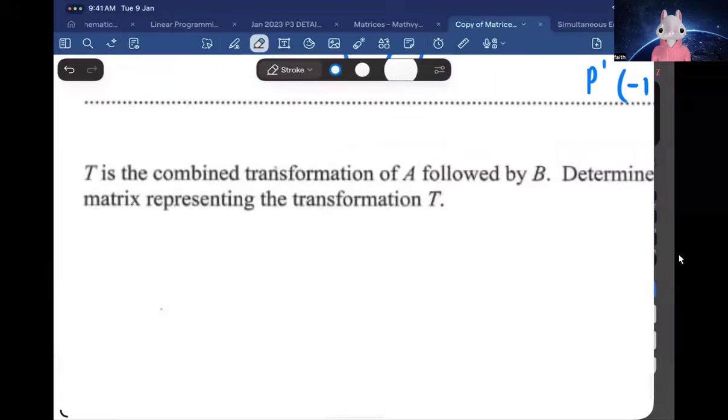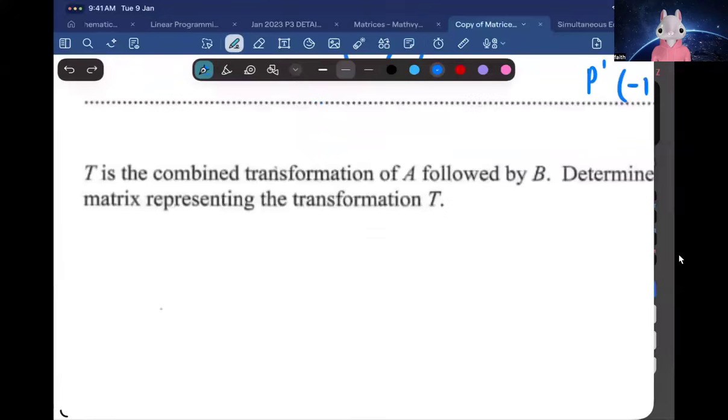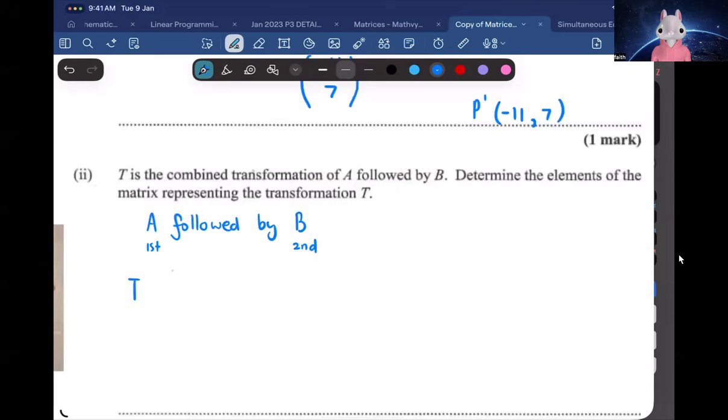So over here, A followed by B, the first transformation is A, and the second one is B. So if I want to find T, which is the combined transformation, I'm going to say B, which is the second one, by A.